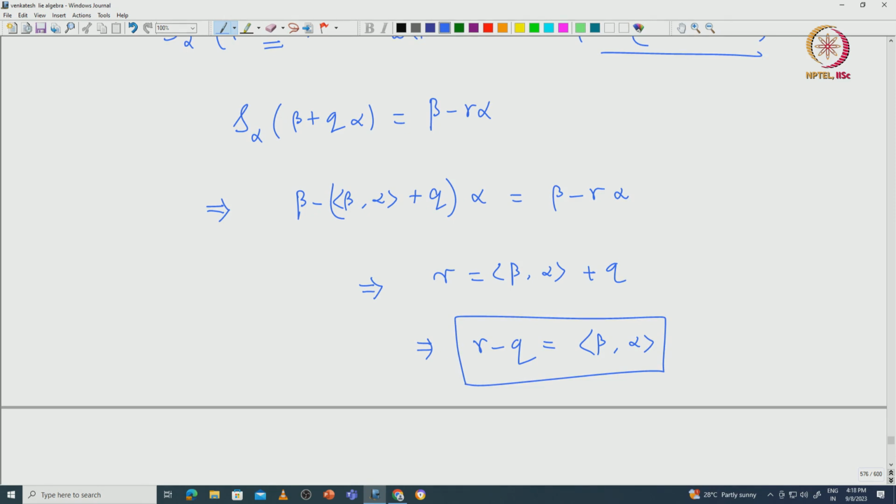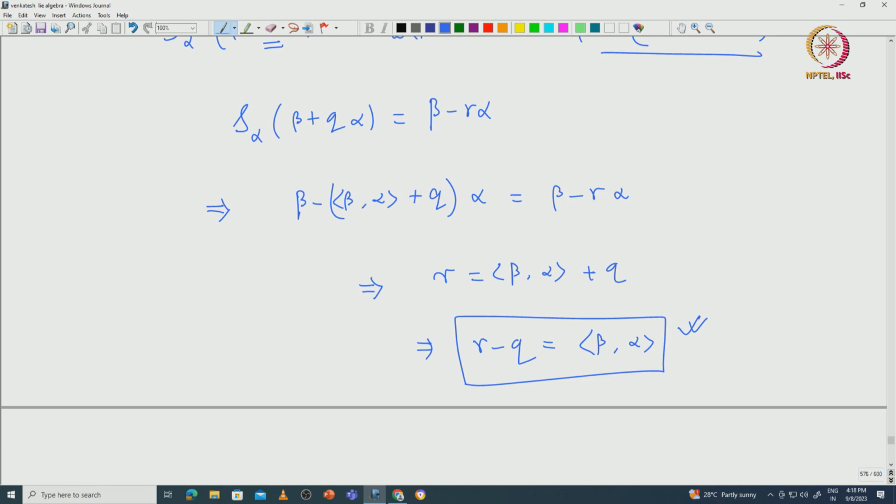This is something we proved using SL2 theory when we considered the roots that come from a semi-simple algebra. But here, by just looking at the alpha string through beta and understanding some basic properties of the roots, we are able to prove this result.